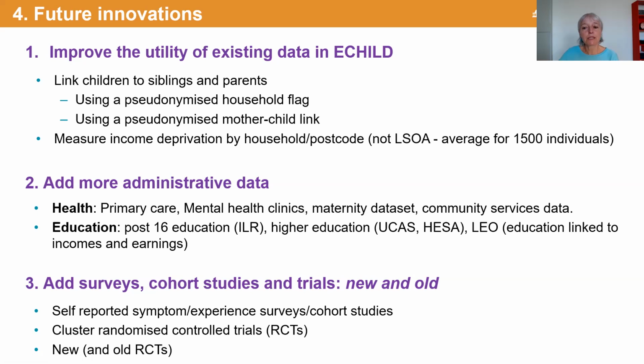Self-report data is particularly important to capture information on the experience of school, on mental health, risky behaviours, neglect and abuse. Linkage of mental health survey data before and during and after COVID should be a priority. Many of these surveys could be linked to EChild using pseudonymized health or education identifiers without the need for accessing real-world identifiers.